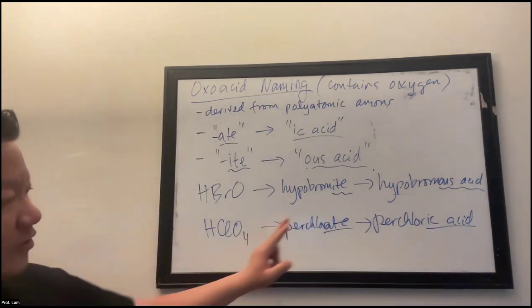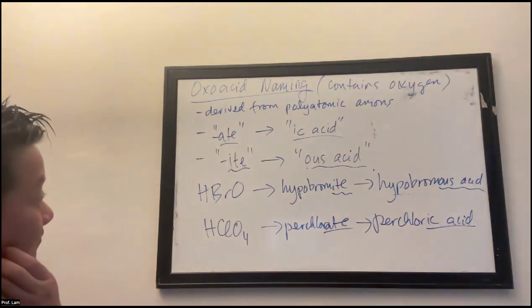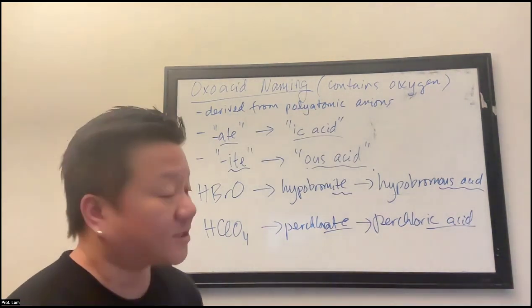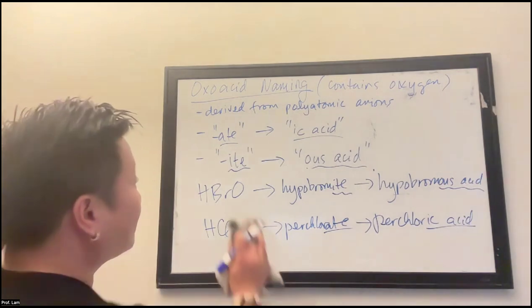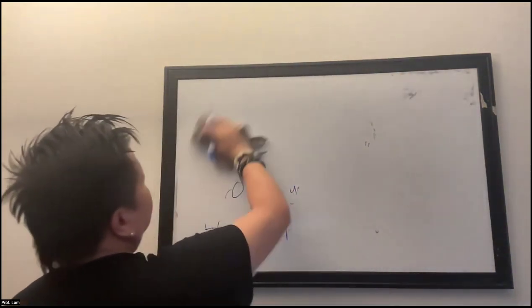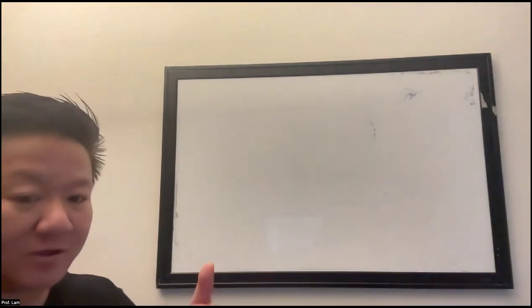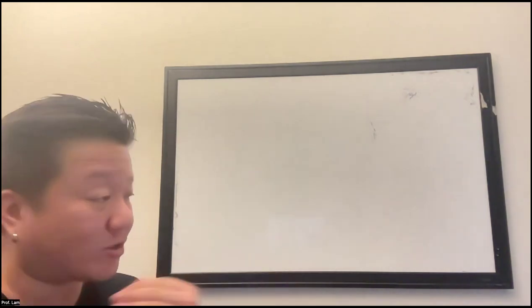So HClO4 is perchloric acid. Okay. So that's it. That's the 4 naming rules for the 4 different classifications of compounds. You got ionic, covalent, binary acid, and oxo acid naming.